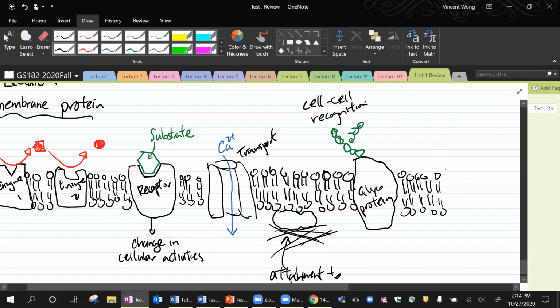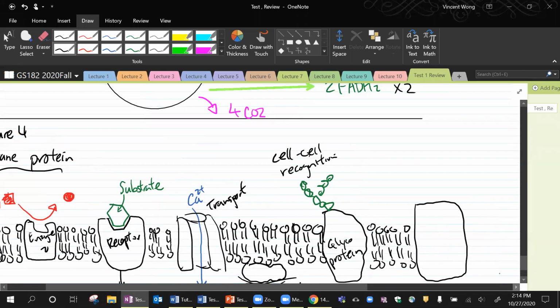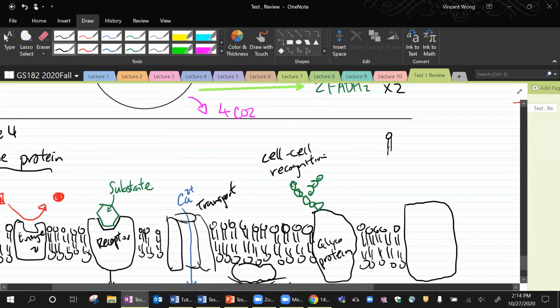And finally, we also have this would be cell number 1, and then you might have another cell here, and they would also have a similar protein.